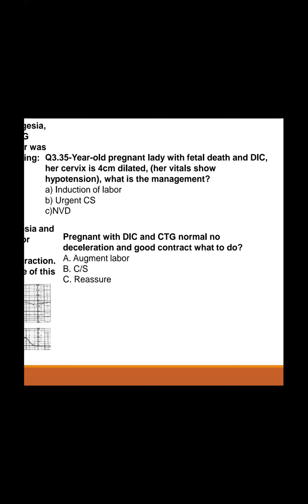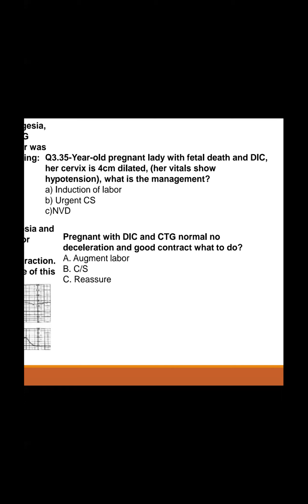So here what can we do? We can't do CS, but we can reassure, ma'am. I don't know right now, that is the point. That's why I'm discussing with you. I feel this question is very important, because the DIC patient is hemodynamically stable, and now we have to do induction of the labor.